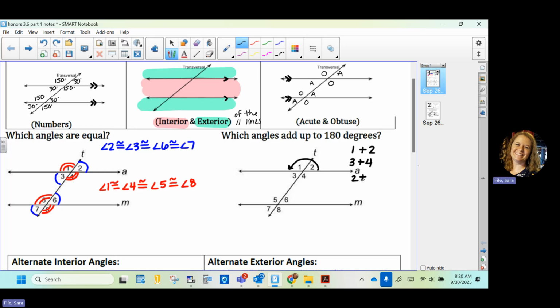Good. 2 and 4. What else? Yeah, 1 and 3 or 3 and 1. It doesn't matter which order you write it in. Good. 5 and 7. I heard 5 and 6, and I think I heard 7 and 8. One more. 6 and 8. Good.